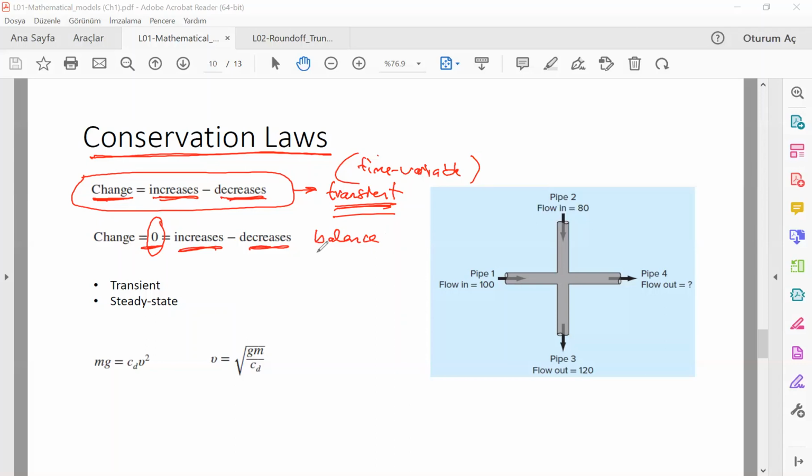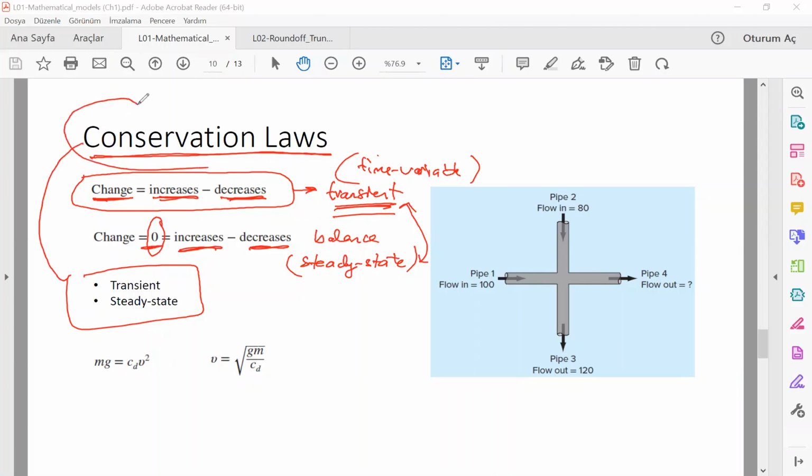And that is called steady state calculation, the opposite of transient, widely used in many engineering problems. So these two different states of a system can be formulated through this conservation law.